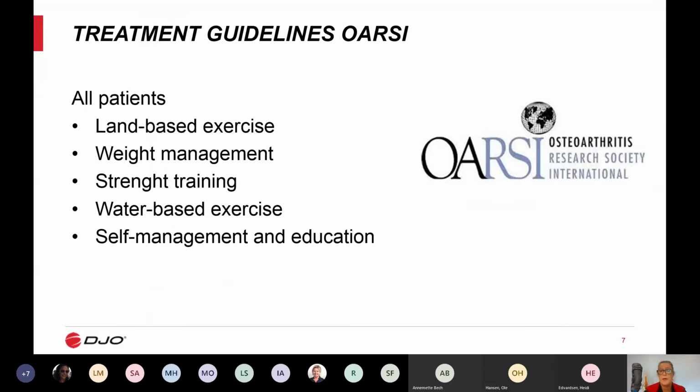So if we look at the OARSI, for the first time in 2014, they developed treatment guidelines that are tailored to the different kinds of patients with OA.